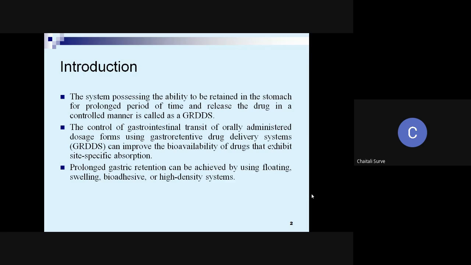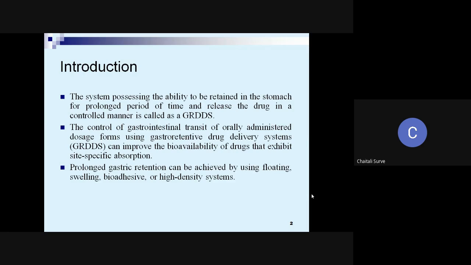Our stomach is attached to the small intestine with the help of a particular sphincter, which we will see in the coming slides. Your food, your drug or your tablet, whatever it is, when it enters from the stomach region to the small intestinal region, has to pass through that narrow region. The scientists have taken advantage of this.